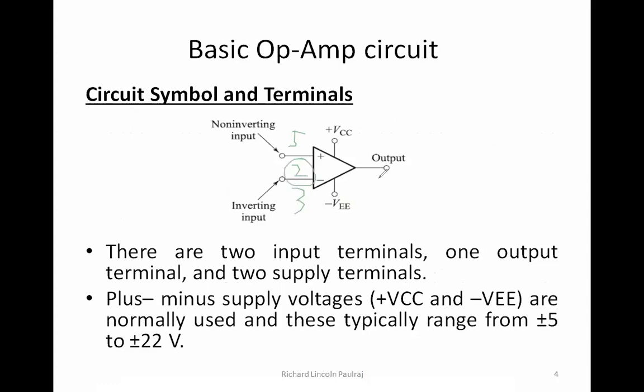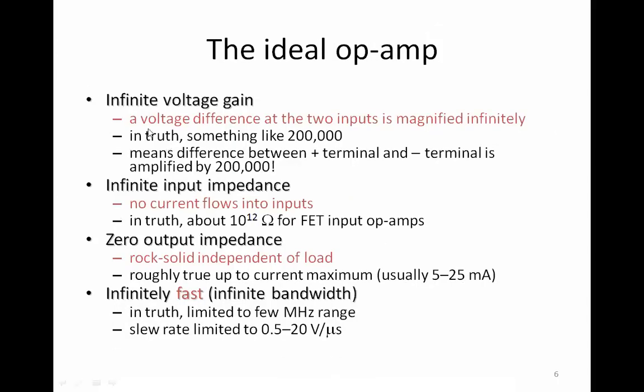That is the function of your differential amplifier: the difference between the two inputs is amplified. So the voltage difference at the two inputs is magnified infinitely because the voltage gain is infinite. In truth, it is something like 2 lakh times. So the difference between the plus terminal and minus terminal is amplified by 2 lakh times, right?